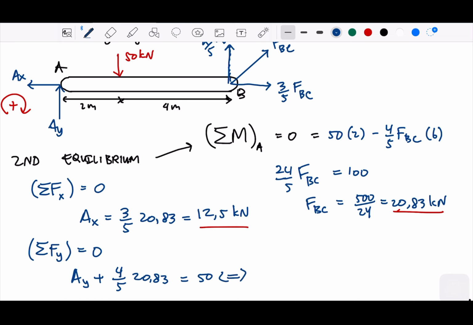And we can compute this and determine AY is 33.333 kilonewton. Okay, so we have all the reaction force. So from the free body diagram, we have all the external force we need.